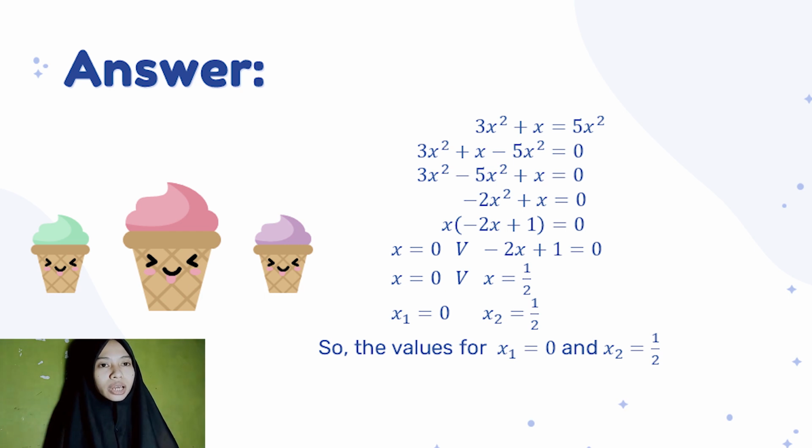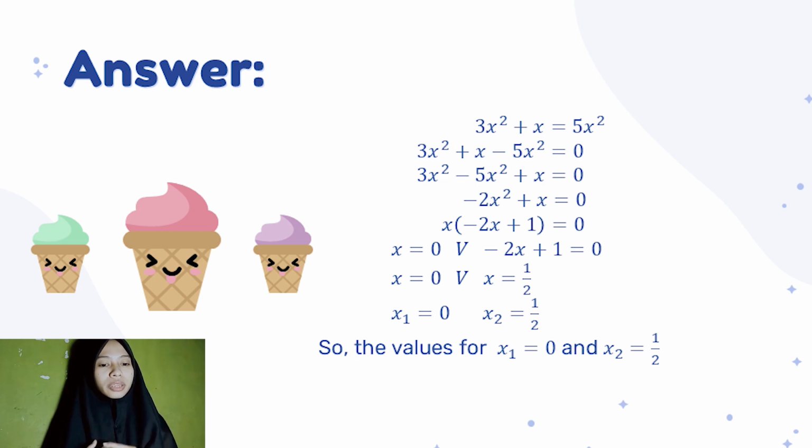Minus 2x squared plus x equals 0. x times (minus 2x plus 1) is equal to 0. x is equal to 0 or minus 2x plus 1 is equal to 0. x equals 0 or x equals 1/2. x1 equals 0 and x2 equals 1/2.